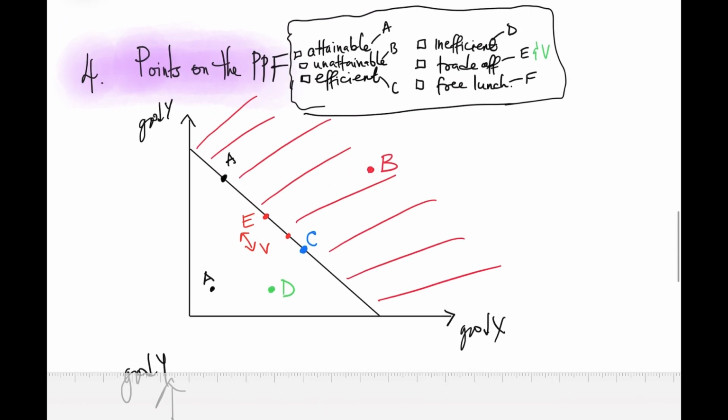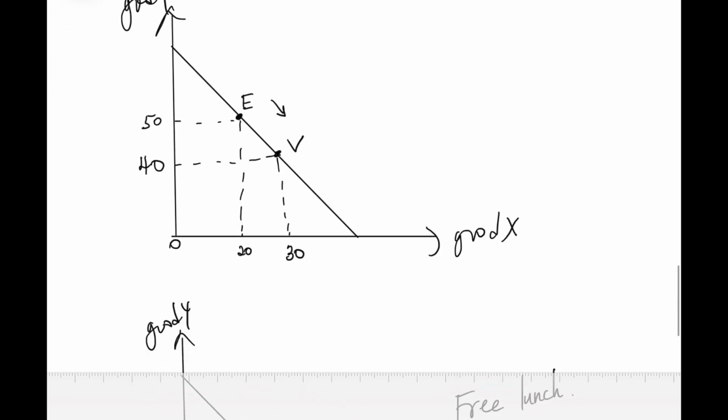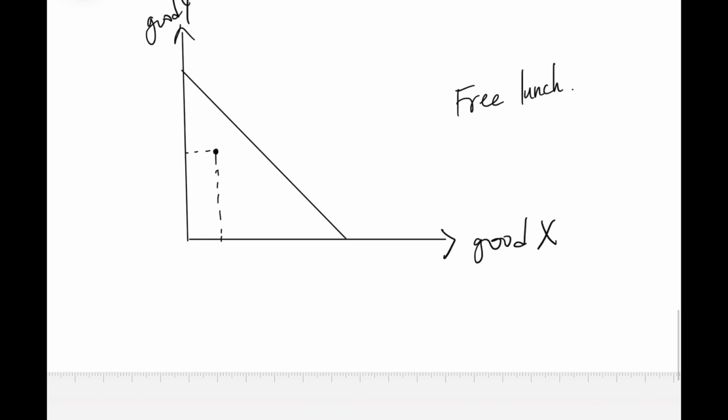Let's say F and G. So free lunch point F and G. Let's call that F. And at F we have 15 units of good Y, 20 units of good X. So let's say you want more of good X, but you don't want to give up any of good Y. You must be starting from an inefficient point though.